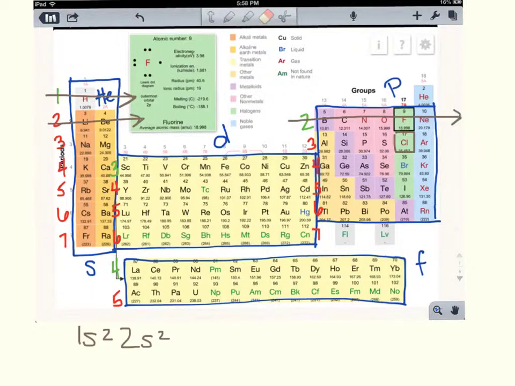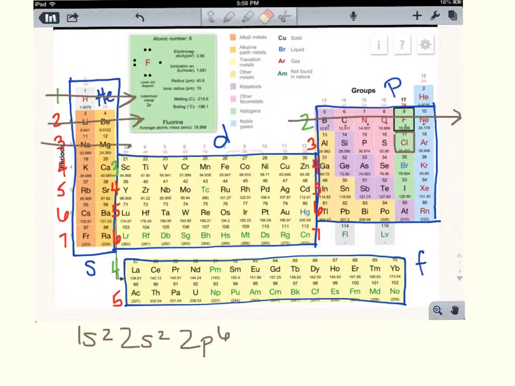Now I go through here, and that was 2p, and I went all the way across, so 1, 2, 3, 4, 5, 6, 2p6, which is what we'd expect because p has 3 orbitals, each of which can hold 2 electrons. So if I filled my 2p sublevel, then I would have 6 electrons in that sublevel.